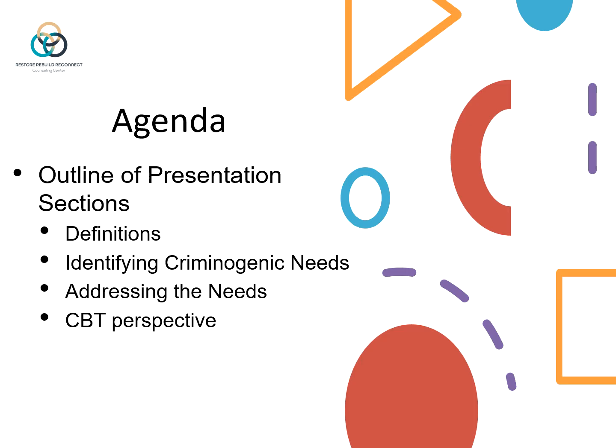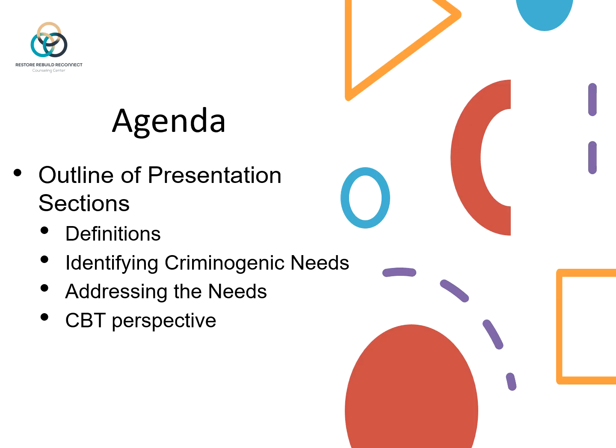So our agenda for today, the outline, will be covering a definition of what criminogenic needs or risk factors are. We'll be identifying the 8 risk factors, and not only identifying them, but some ideas about how to address these needs.